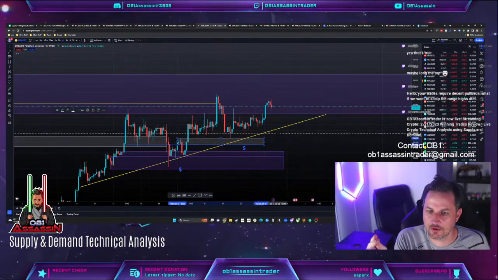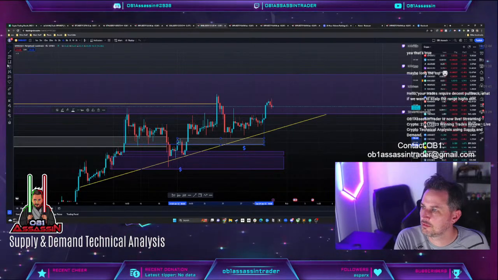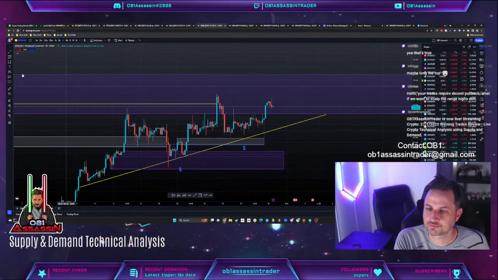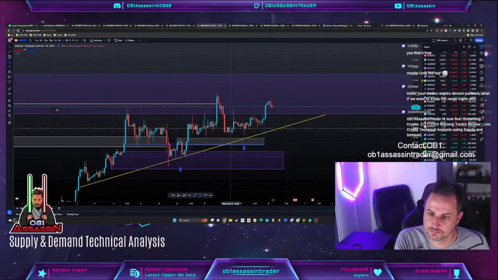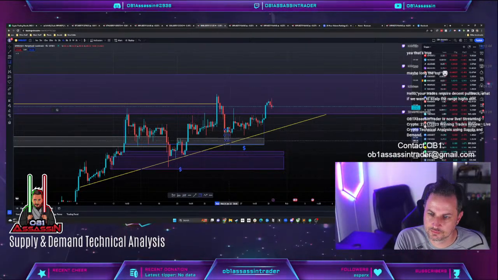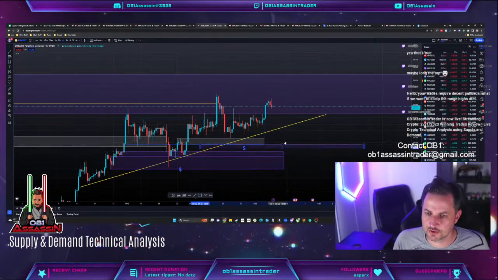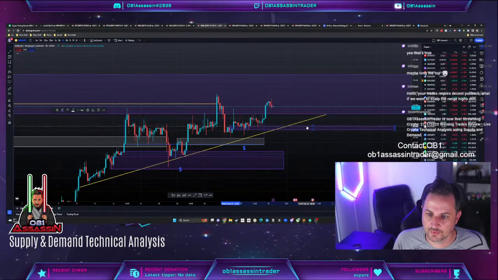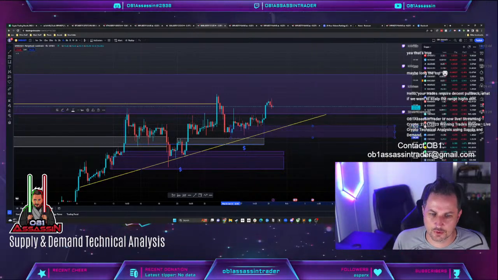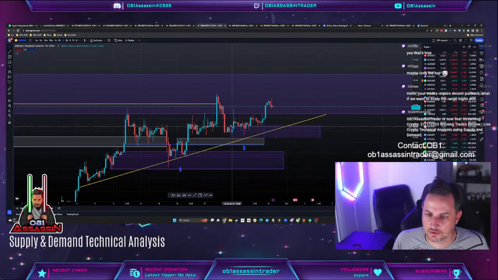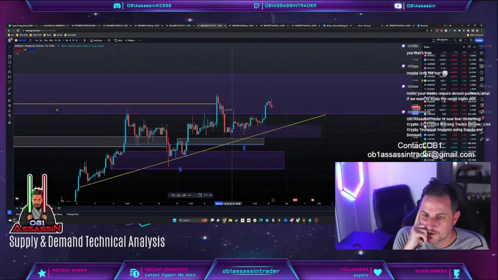Okay, are there any fresh 4-hour order blocks in the recent time? We have an order block here. This order block came from this break in structure right here.